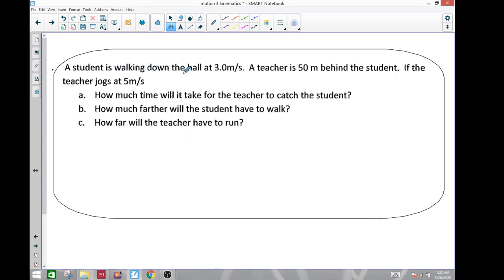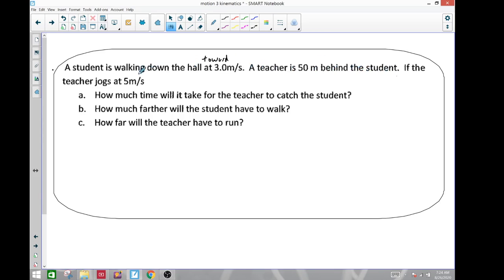Let's say the student is walking down the hall toward the teacher, and the teacher is 50 meters behind.